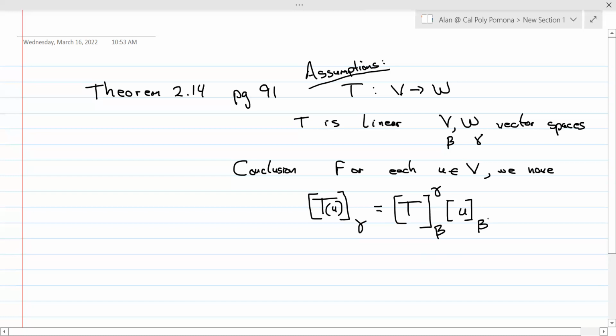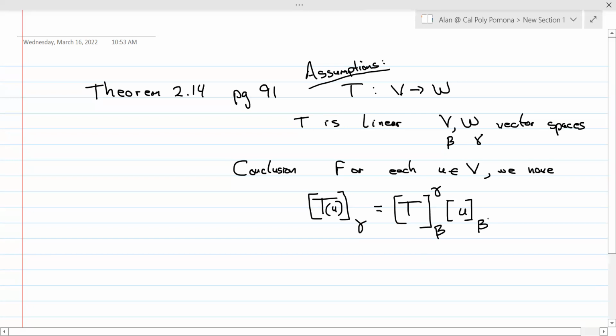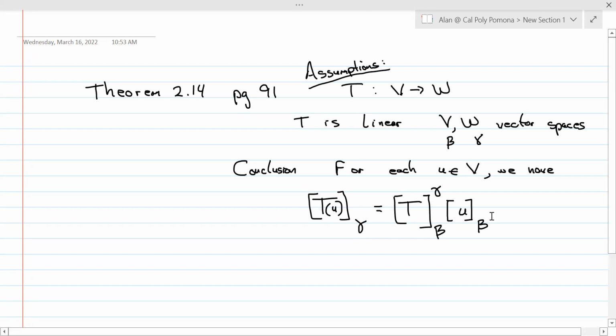Okay, so what this is saying, let's see if we can do a nice example of this. Well, they do have an example. Let's do the example. I think the example will probably be as useful as anything I can do.